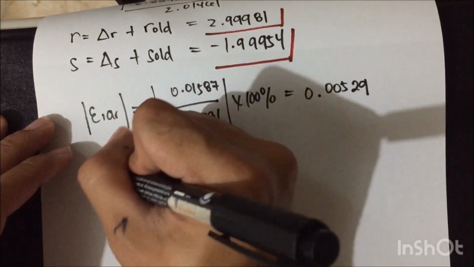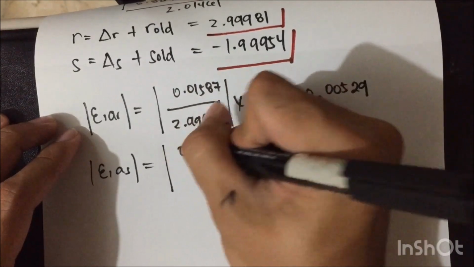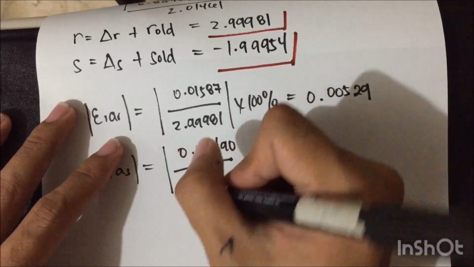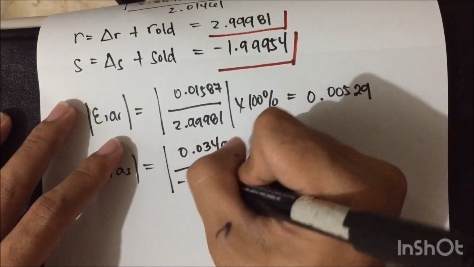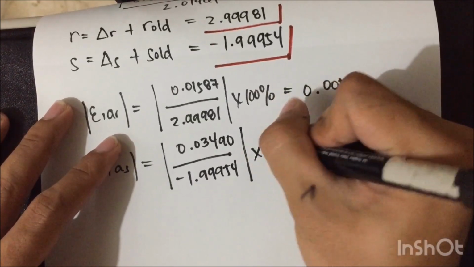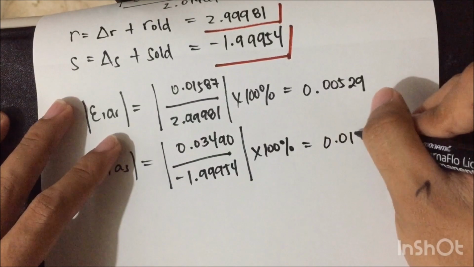Then para sa ating S, we have delta S 0.03490 over ating bagong S, which is negative 1.9954. Absolute value times 100%, which will result to 0.01745.